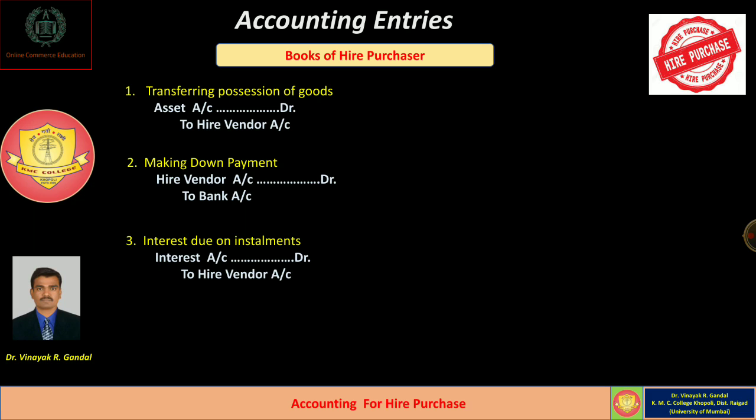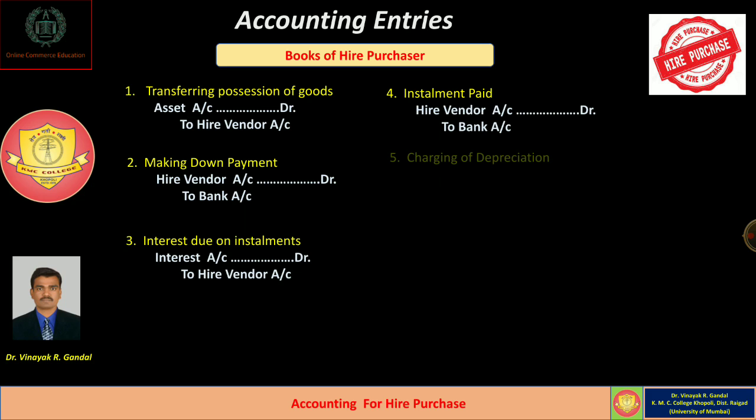And once interest due is recorded, then we have to record the accounting entry for installment paid. The amount of installment paid by the hire purchaser to the hire vendor is to be recorded in the books by preparing the entry, like hire vendor account debit to bank account.